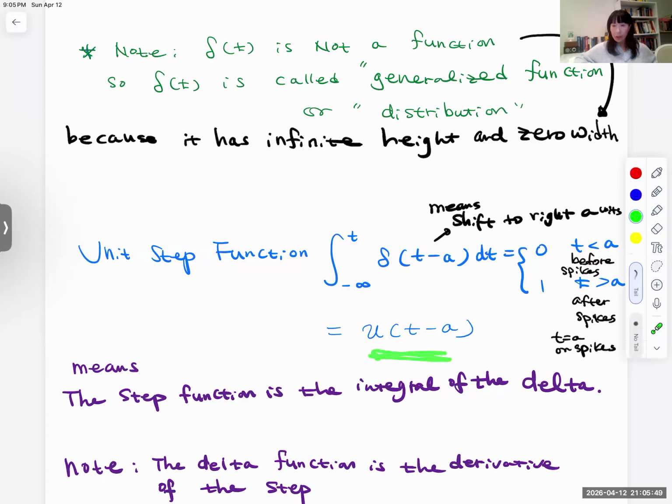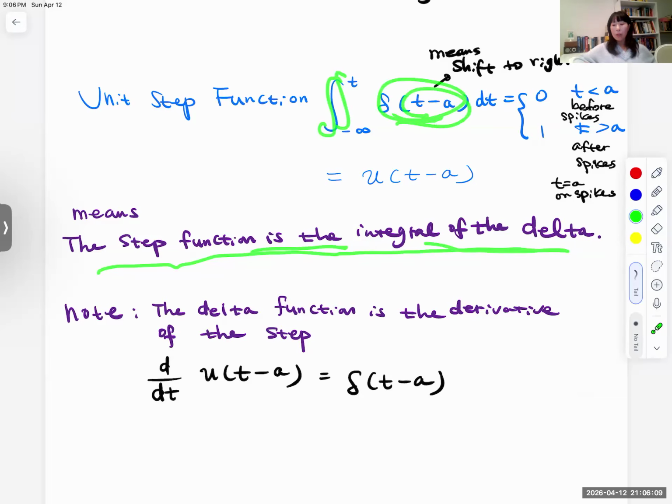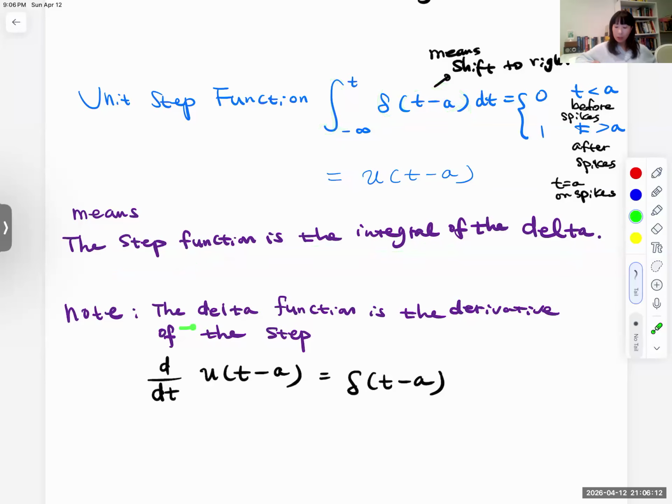Okay, this is the unit step function, the switch on. The step function is the integral of the delta function, and if we have an integral, then there is a derivative. So the delta function is the derivative of the step function. If we take the derivative, we get the Dirac delta function. Make sense?